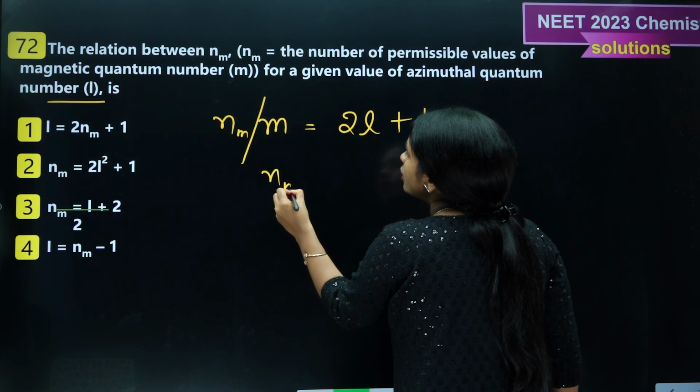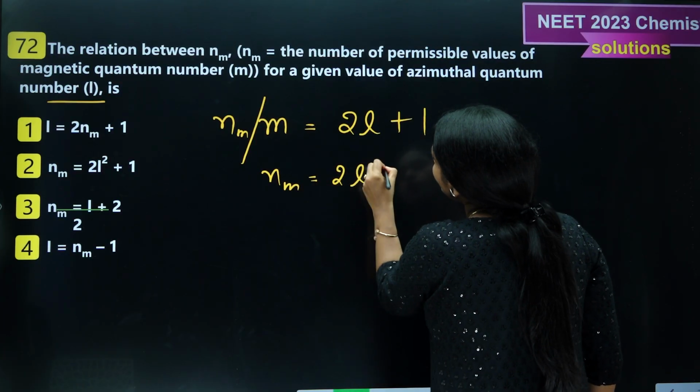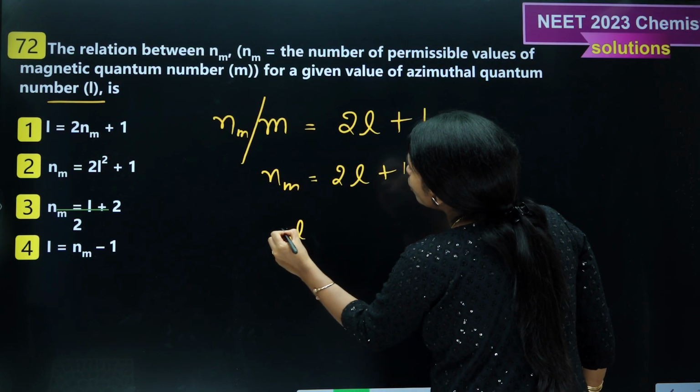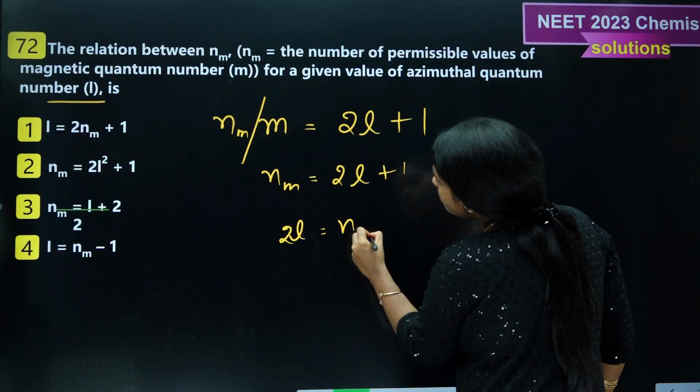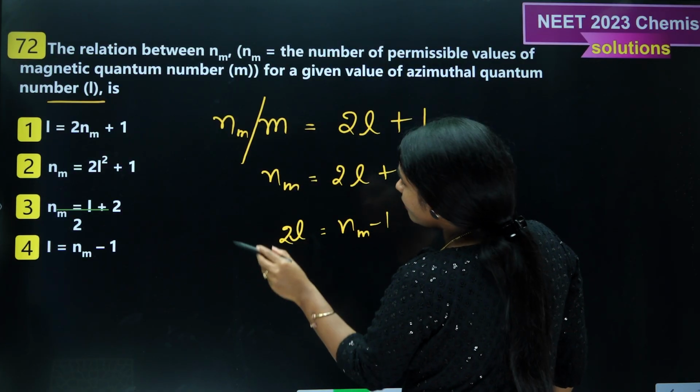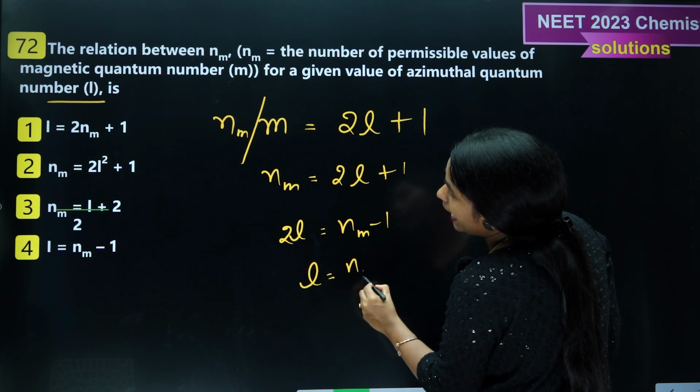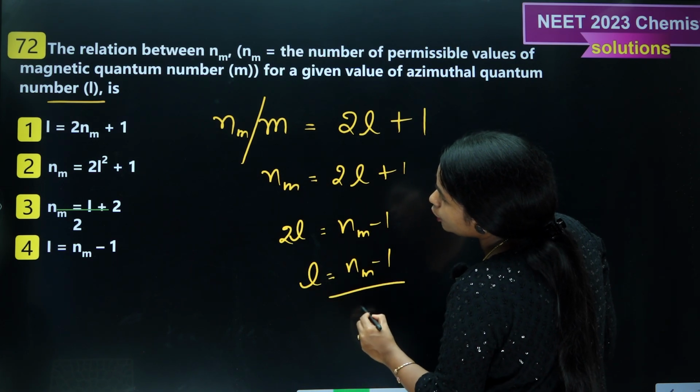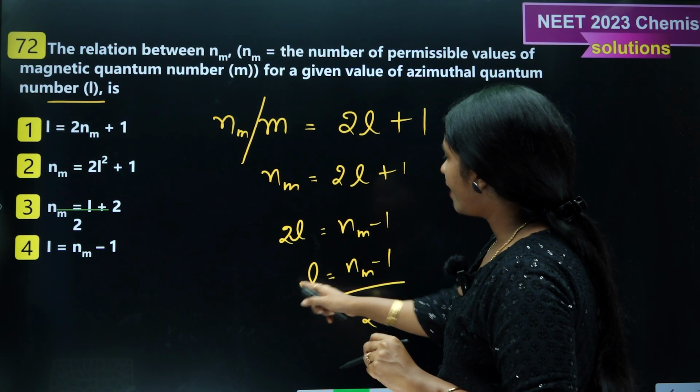So NM according to the question is equal to 2L plus 1. So 2L is equal to NM minus 1. They were asking the L value, right? So L is equal to NM minus 1 by 2. So what is the L NM?